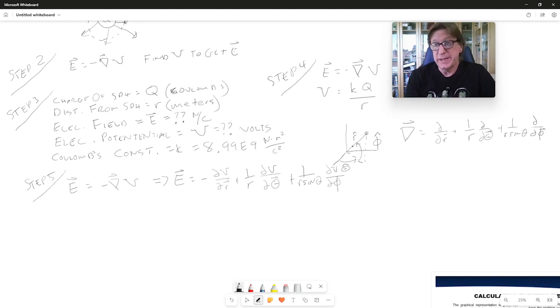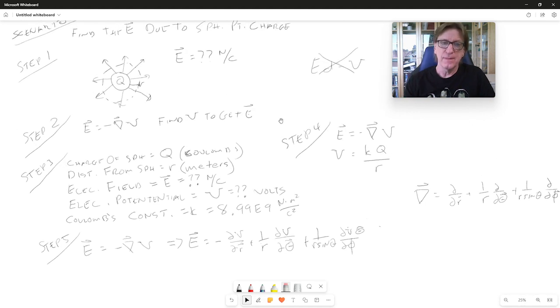In many cases, none of these will be 0, and I can't get rid of them at all. However, let's go ahead and look at our picture here again. Certainly, it depends upon r. We can say that for sure because as I move outward, my electric field must be changing.